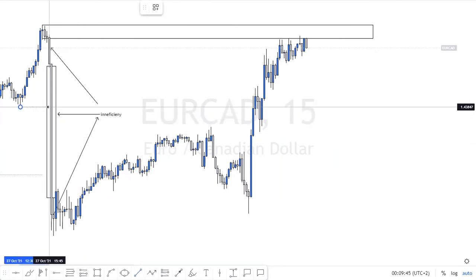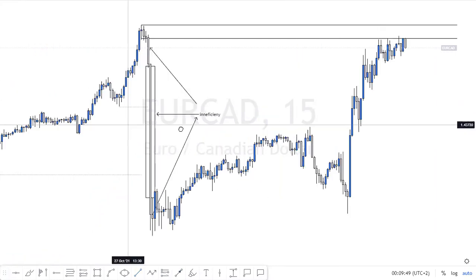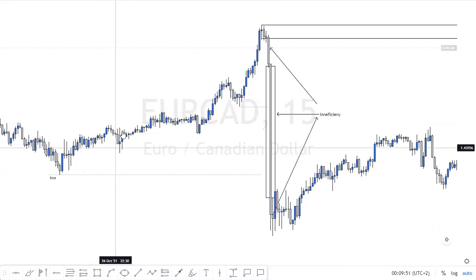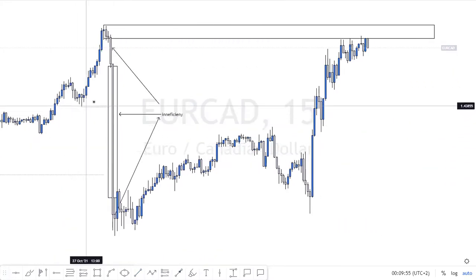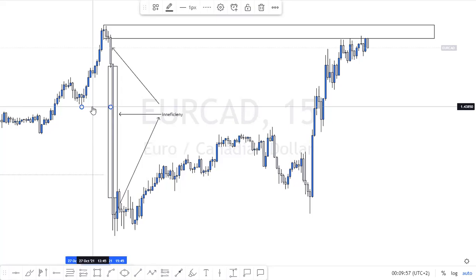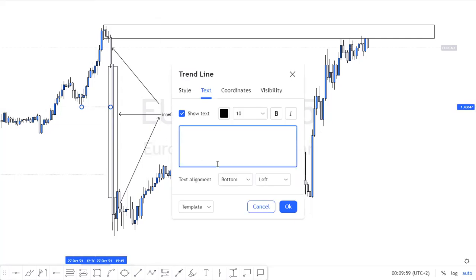It's the minor break of structure on the lower time frame, because on the lower time frame we were in an uptrend, isn't it? But in the overall directional bias, we're actually getting bearish now. So this is just a minor break of structure.